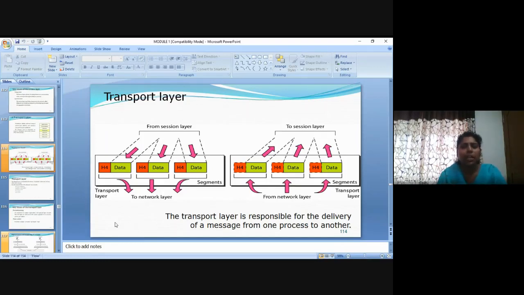Now, the second duty is called flow control. What is the meaning of flow control? Flow control means the transport layer controls the amount of data being transmitted.